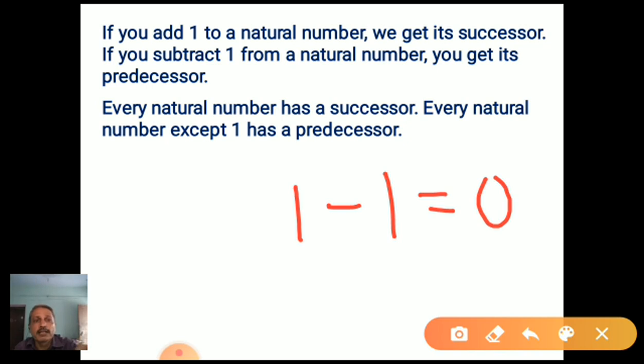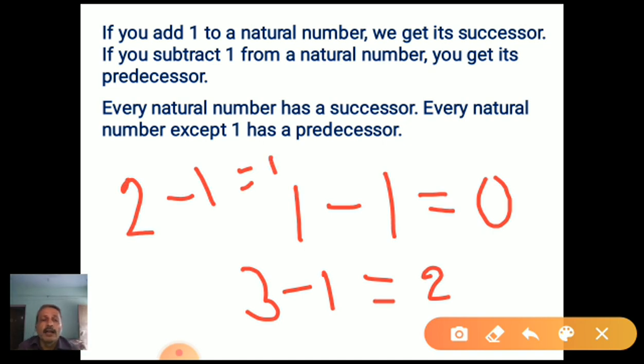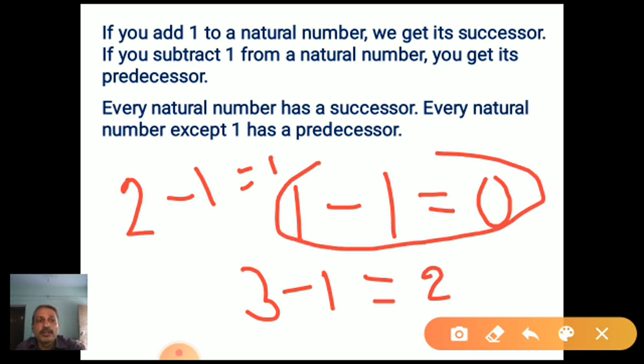Suppose we take 3 minus 1, that means 2, which is a natural number. Suppose we take 2 minus 1, the answer is 1, and 1 is also a natural number. But for 1, this condition is not satisfied. 1 minus 1 is 0, and 0 is not in the natural numbers. Students, be careful.